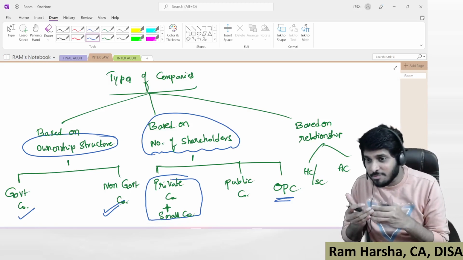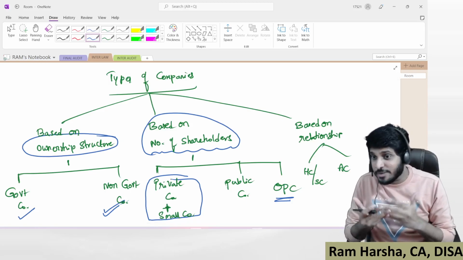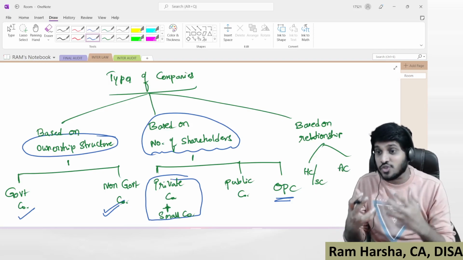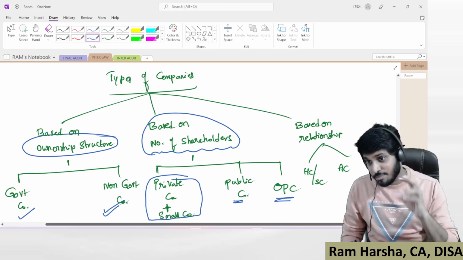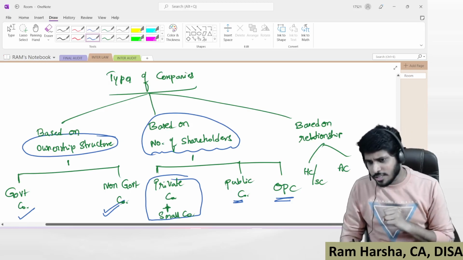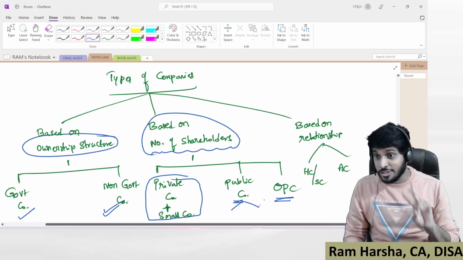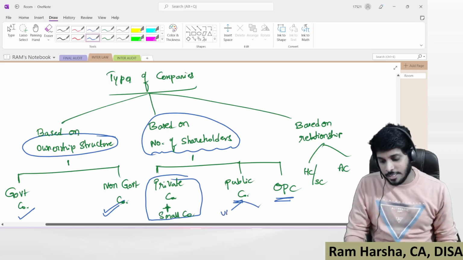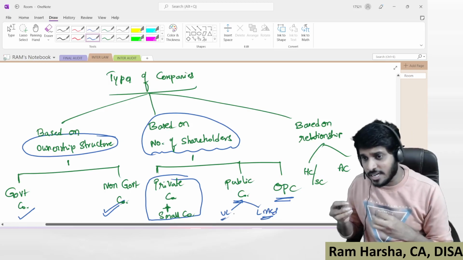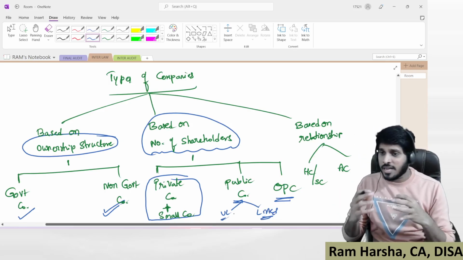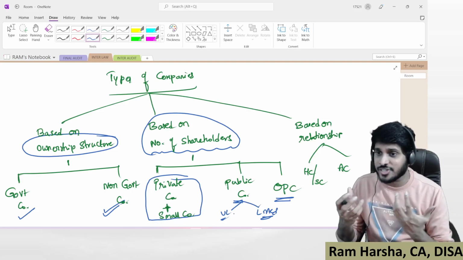Sir, what is a small company? What is a private company? What is a one person company? Don't worry, I'll explain everything slowly. A public company is again of two types: unlisted public company and listed public company. We don't have the unlisted and listed classification in our syllabus, but I'll explain at a glance what they are.